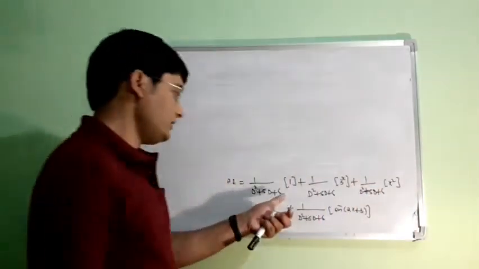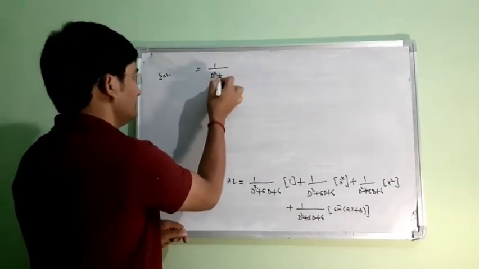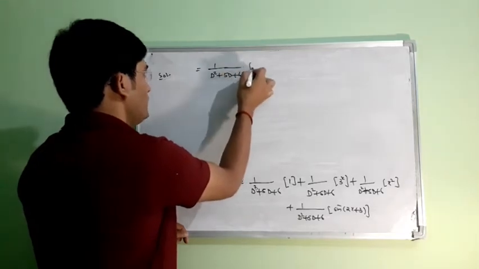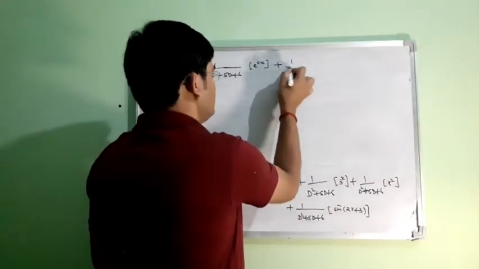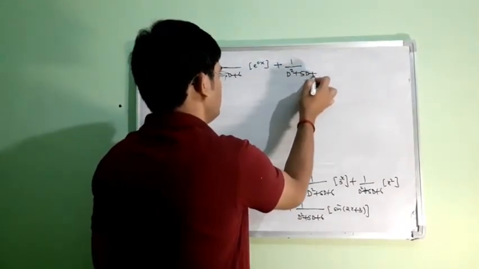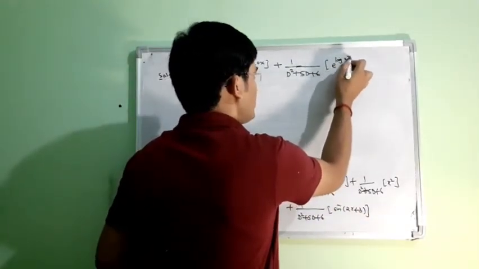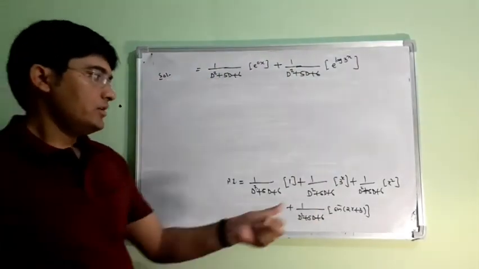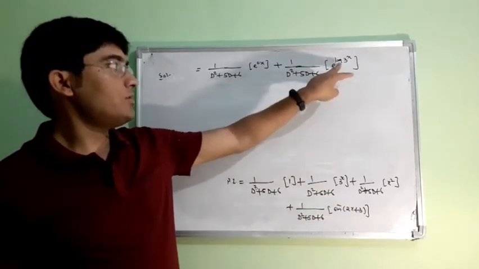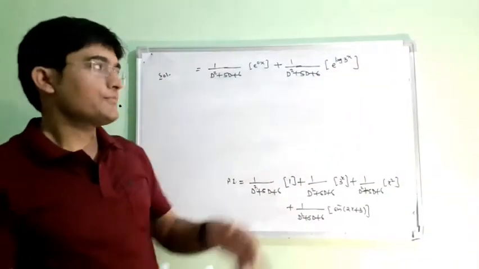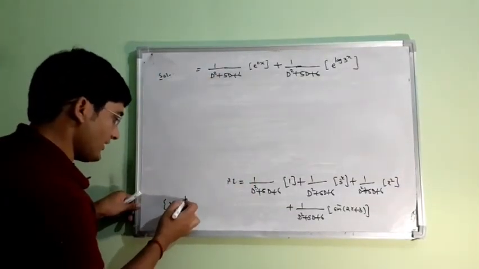For the first part, this one can be written as e to power 0x. Now 3 power x can be written as e to power (x log 3), because we know that x is the same as e to power log x.